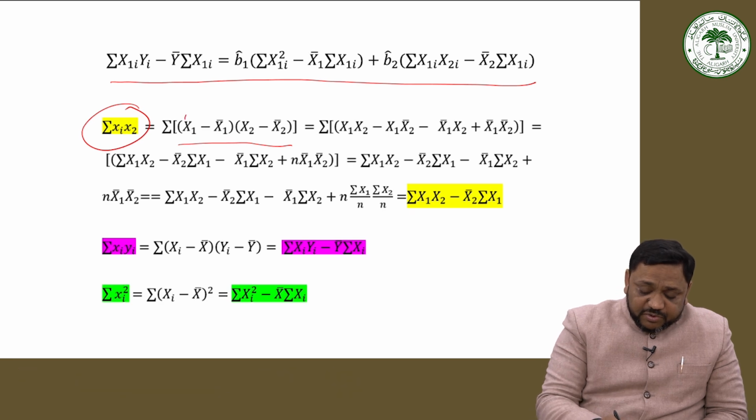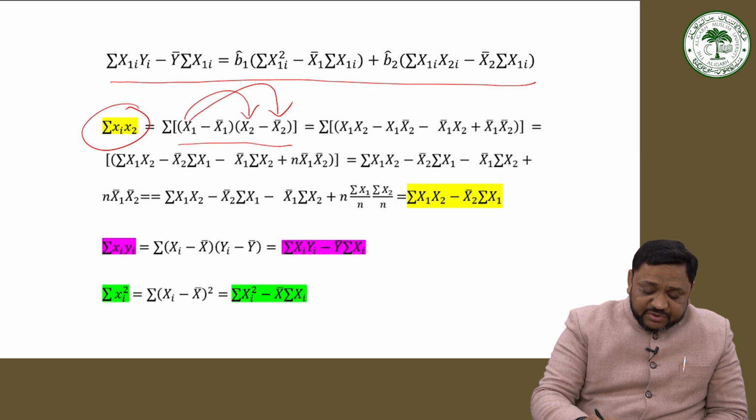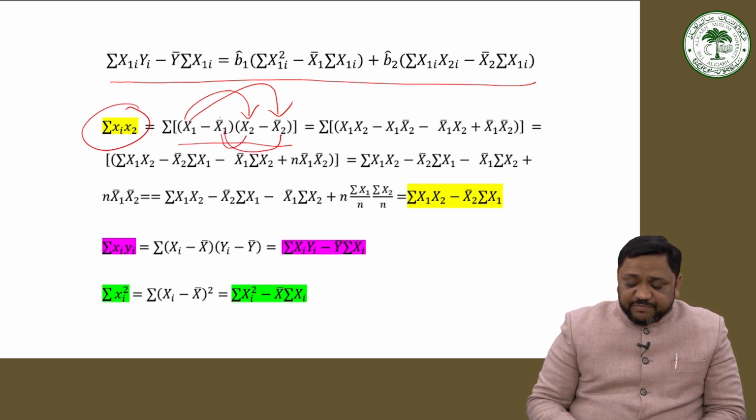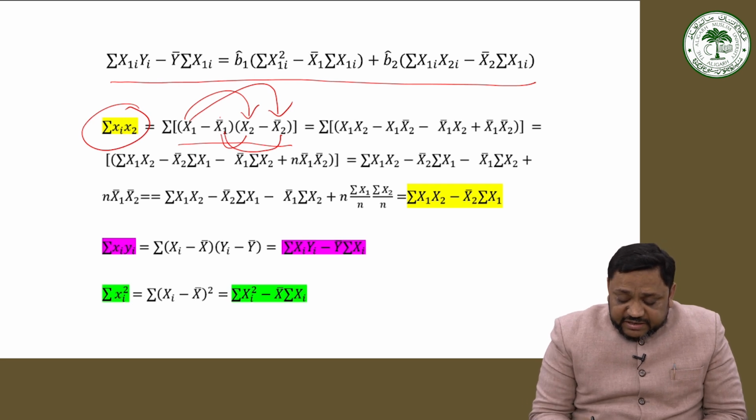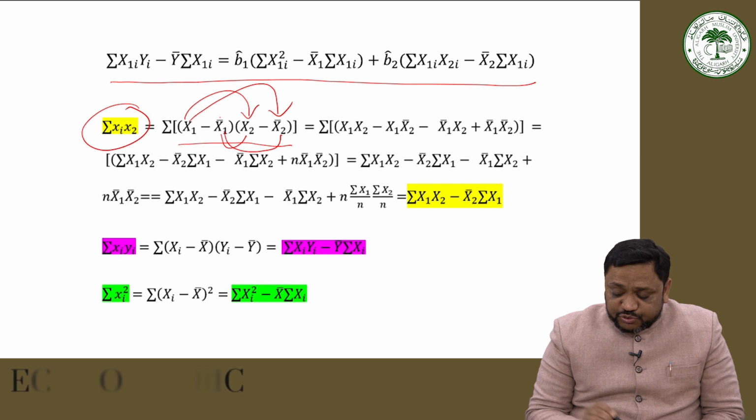It means one term of this is first multiplied with this, then multiplied with this. Similarly, next this term is multiplied by this, and then this is multiplied by this. So what we get is summation, bracket open, x1 x2 minus x1 x2 bar minus x1 bar x2 plus x1 bar x2 bar.